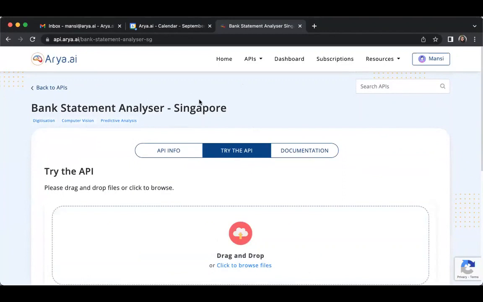Yes, so we have a question here asking what the types of input are that can be uploaded for the API, and whether we support image upload. To answer that, we have currently focused on a PDF version to be uploaded so that it has all the transactions in place for that particular statement period.